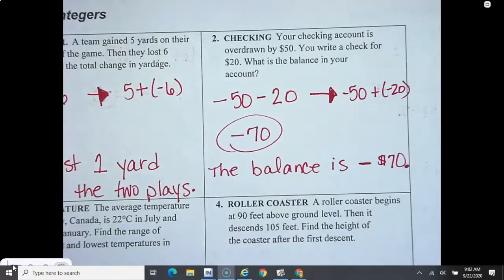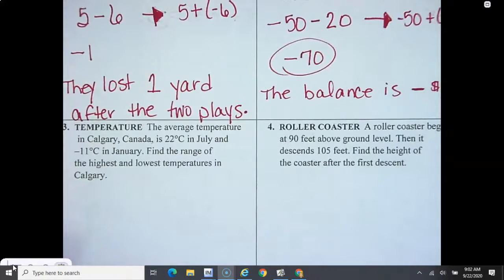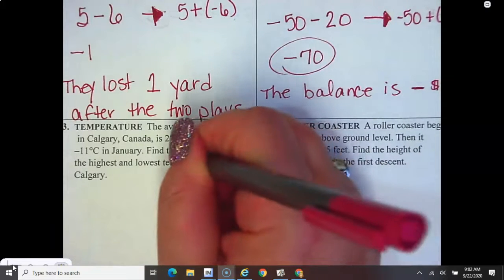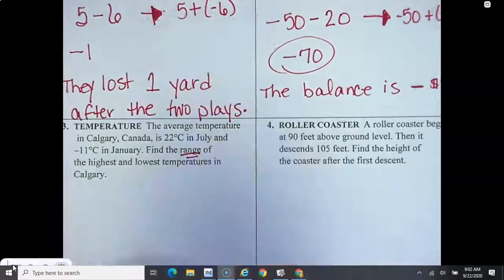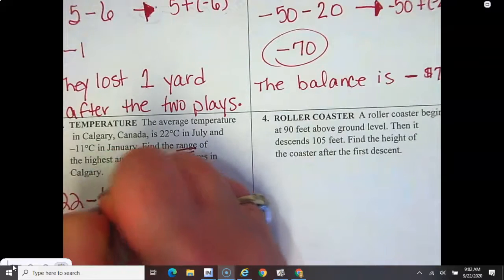All right, 3. The average temperature in Calgary, Canada is 22 degrees Celsius in July and negative 11 degrees Celsius in January. Find the range of the highest and lowest temperatures. Do you remember how to find the range from last year? The range is the highest minus the lowest. So 22 minus negative 11.